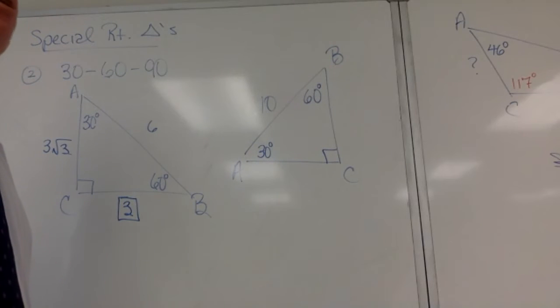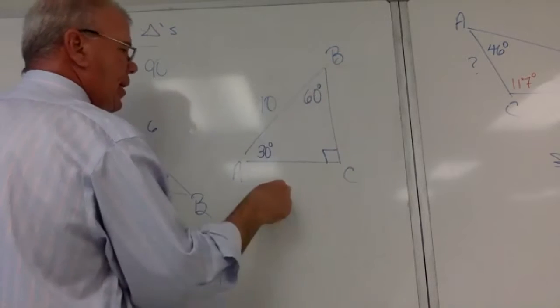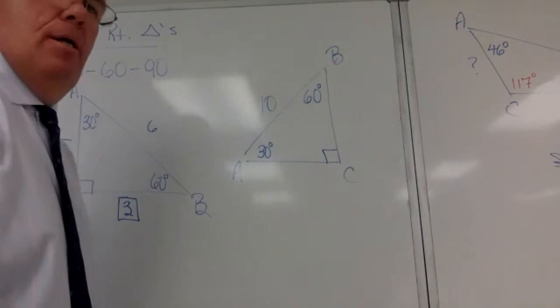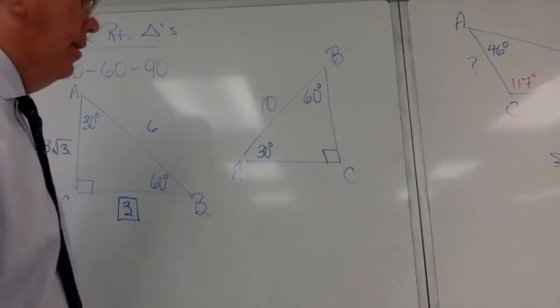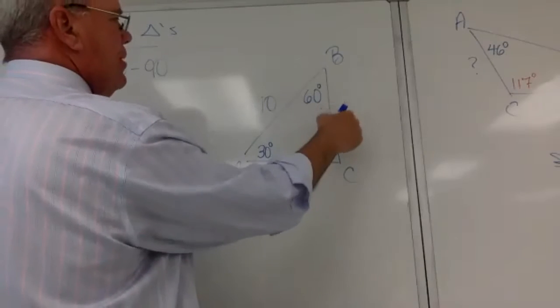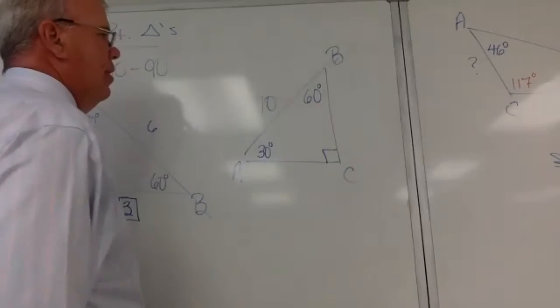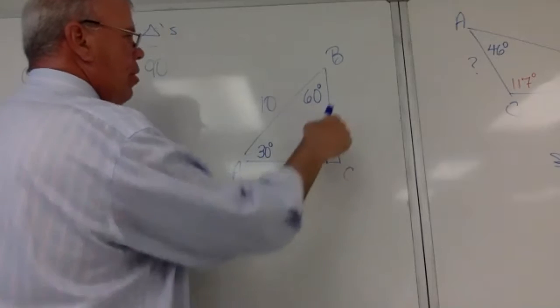Which one's opposite the smallest angle? It's opposite 30, yes, A. Well, I know this is 2 times this. So what's this? If 10 is 2 times this number, 5.